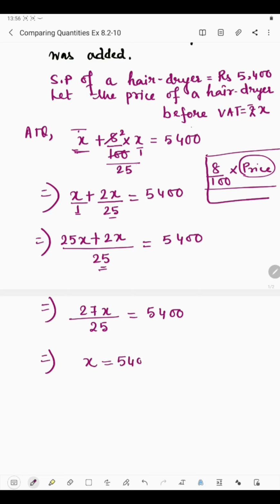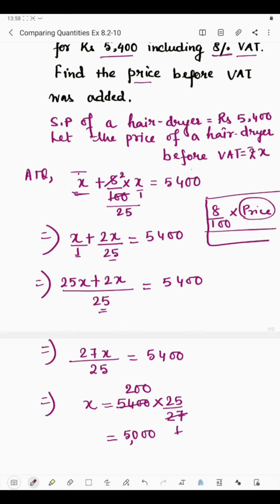So 5400 will be multiplied by the reciprocal of this, so 27 by 25 will become 25 by 27. Now 27 ones are 27, 27 twos are 54, and 2 zeros are there. So if you multiply the numerator, 25 twos are 50 and 2 zeros, so it's 5000.